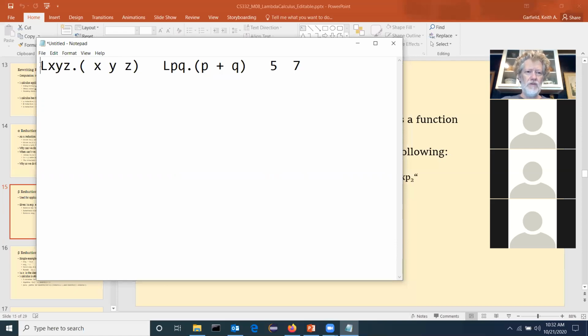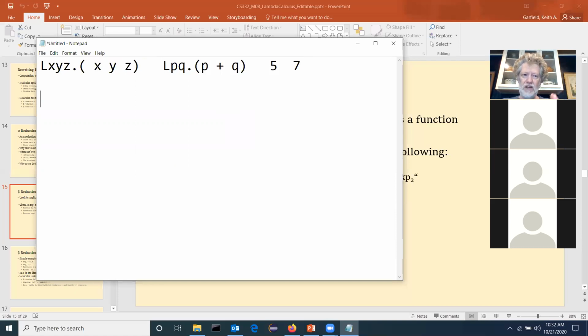I've got a function that requires 3 inputs. I have 3 inputs over here. There's the first one, second one, third one, so that's going to match up. And the sequence in which I do them, I take the first expression, lpq.p plus q. You can see where this is ending up, right? It's going to be 5 plus 7 by the time we're done. lpq.p plus q, and that's going to go in for x.